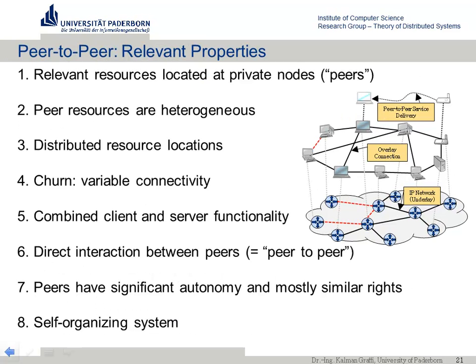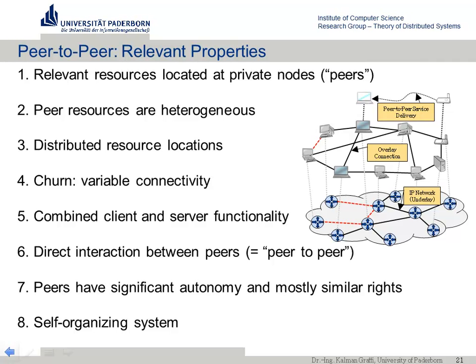Okay, just as a summary slide for these characteristics that go beyond the typical distributed systems. So we use the private resources of private devices. The resources are heterogeneous, very variable, and they are split and distributed all over the world. And churn is a very important term to memorize.